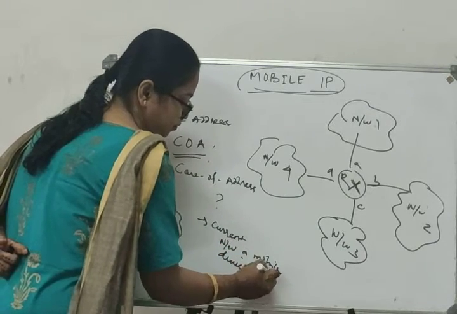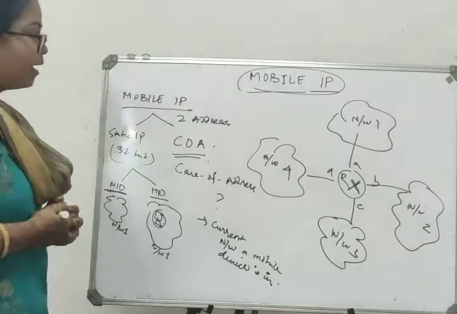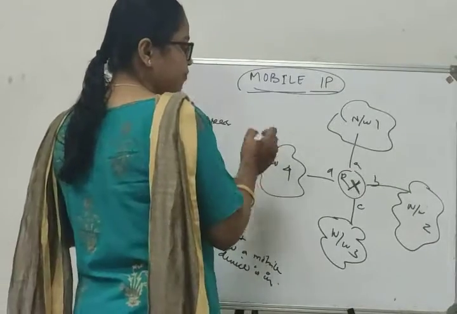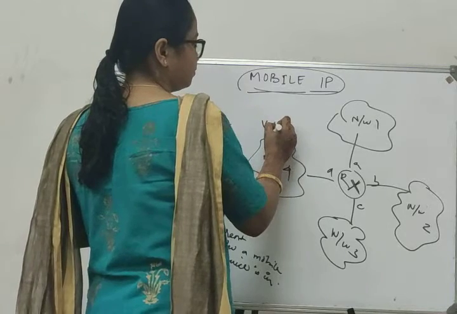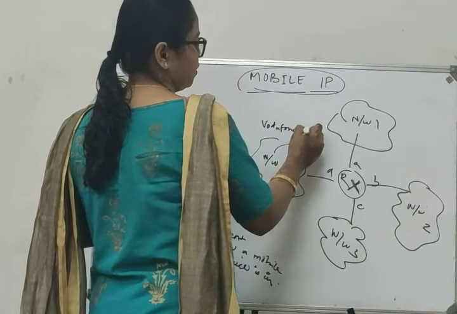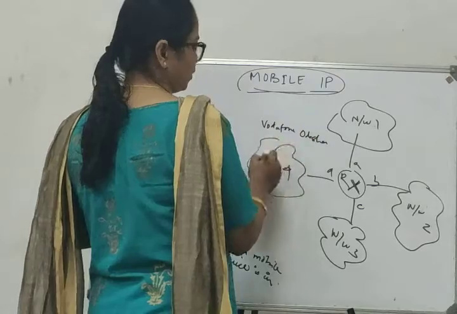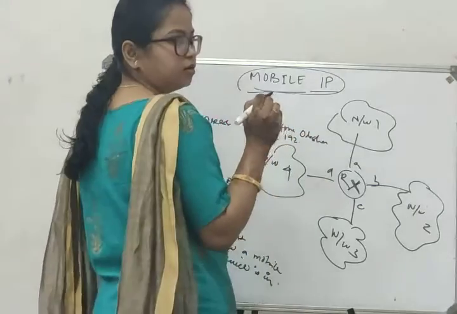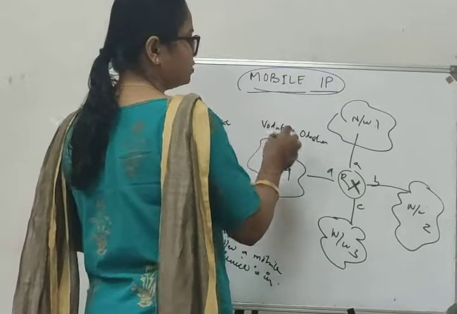So when a mobile device moves, suppose I am registered, this is Vodafone Odisha. Suppose some network, some 192 dot something is the network address and something is the host.